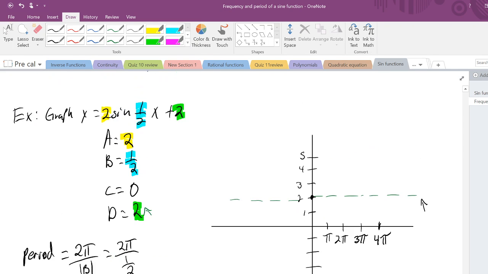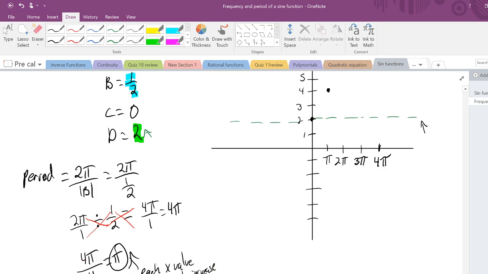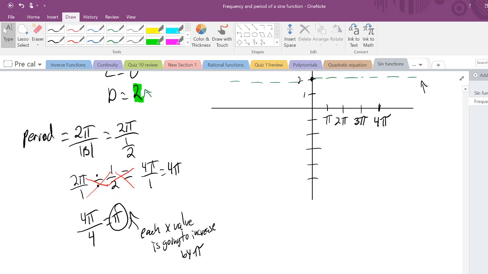Now, my amplitude is 2. So at pi, if I'm going up because it makes it taller, it's going to go to 4. Because as we did yesterday, to know the points, it's the vertical shift plus or minus the amplitude for the highest and the lowest value that we're going to get.